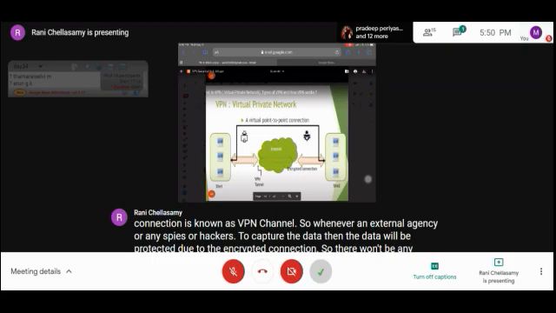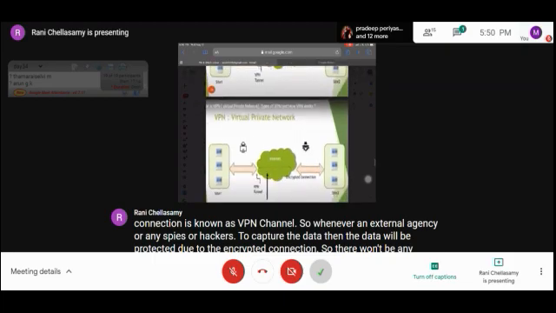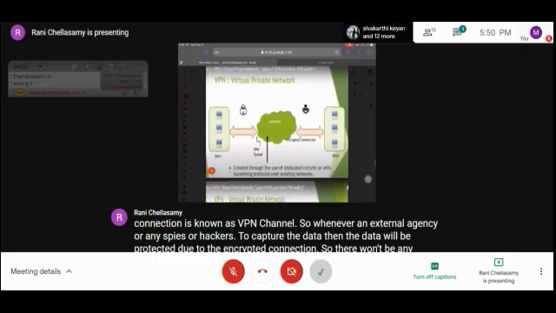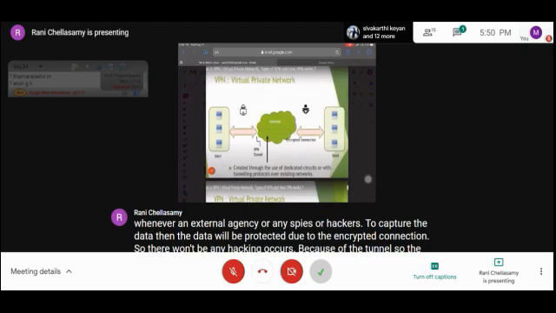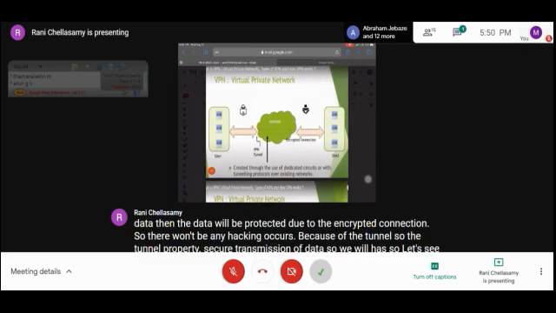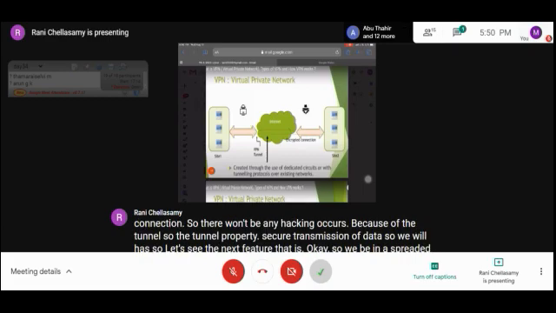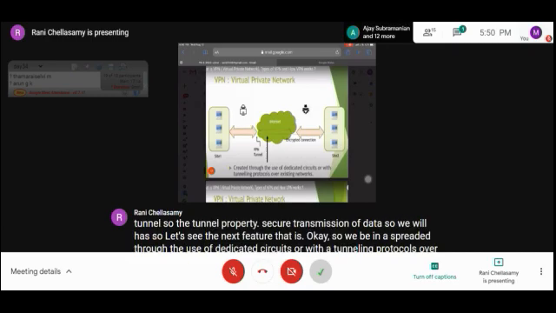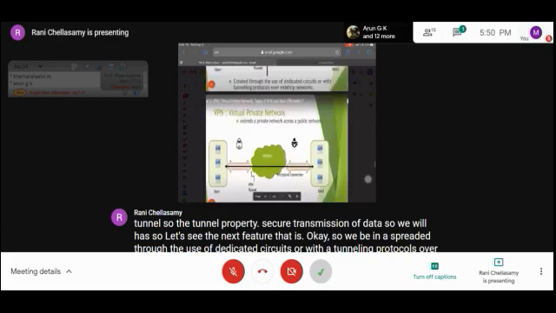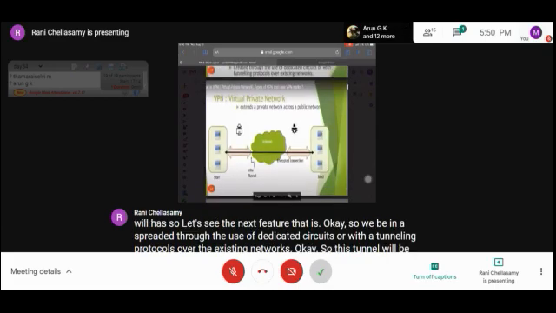A VPN is created through the use of dedicated circuits or with tunneling protocols over the existing networks. So this tunnel will be created by the protocols. And the third feature is that a VPN extends the private network across the public network. That's the main point.